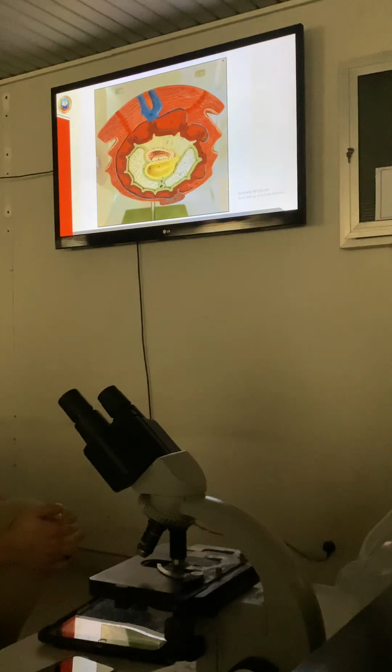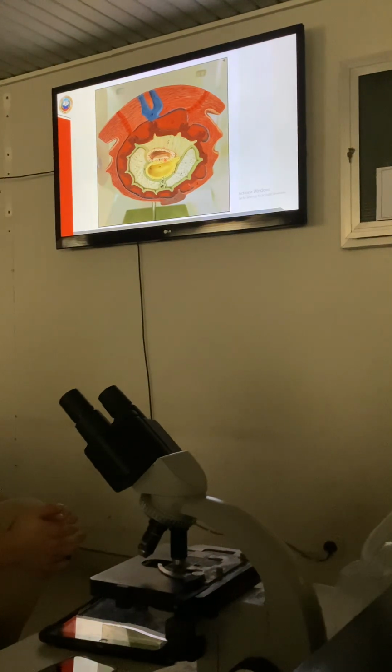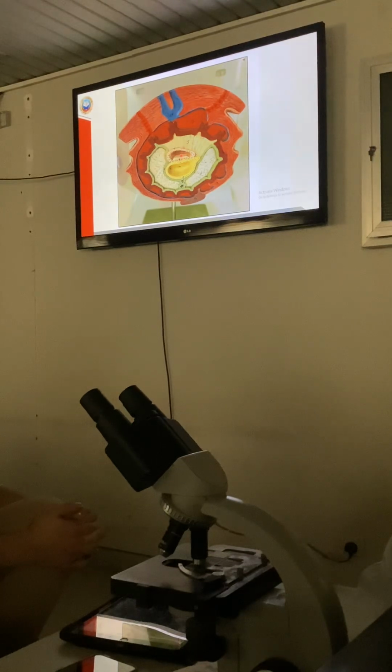Also in these sections, the bilaminar germ disc, at a more developed stage, consists of the epiblast, the hypoblast, and this is the amniotic cavity. And this is the yolk sac. But this yolk sac is the secondary yolk sac, not the primary.